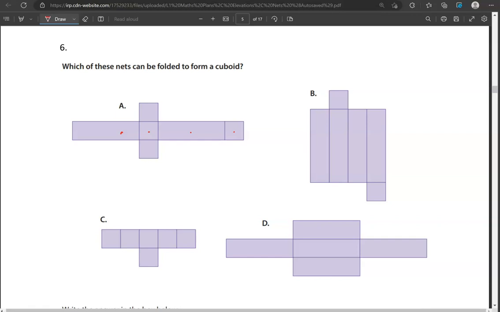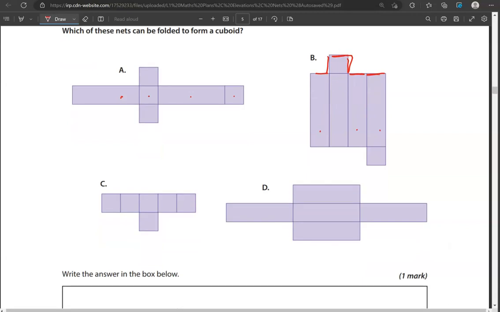Looking at B, it has 4 of them lined up, and we've got 2 squares on the side. This length is the same as this one, and this the same as this one, and the same on the other side. So that proves that when folded, this will make a cuboid. So B is the correct one. C and D are not correct.